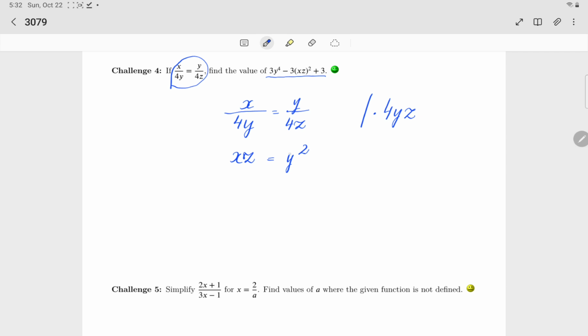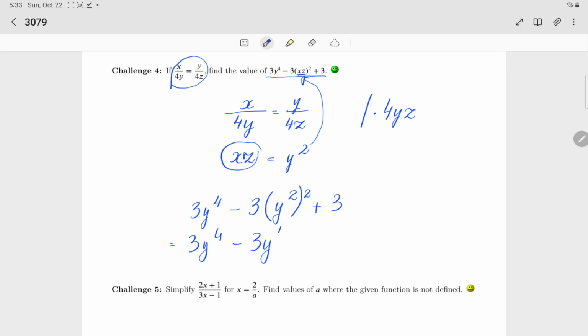Now we see that y squared equals x times z, so we can replace xz in the above equation with y squared. We will get 3y to exponent 4 minus 3 times xz, where xz is replaced with y squared. This will give us 3 times y to exponent 4 plus 3, and the answer is 3.